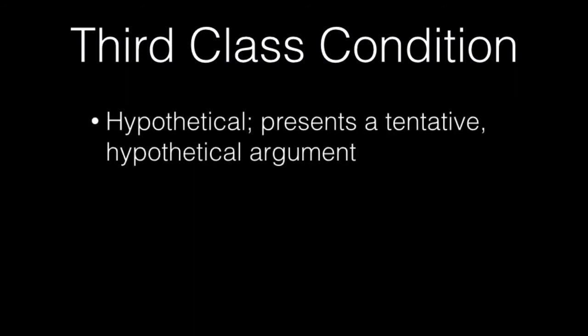How about a third-class condition? The second most common condition in the New Testament is the third-class condition, and these are the more hypothetical sorts of conditions. These present, as the grammar says, a tentative hypothetical argument.